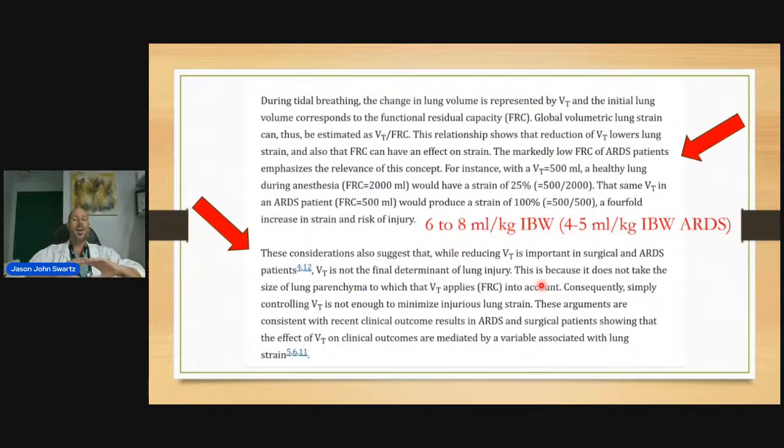We're not poo-pooing tidal volume or anything like that, but we have to take into consideration the tidal volume, how much of the alveoli is taking part in dealing with that tidal volume. So reducing tidal volume is important in an ARDS patient. The tidal volume is not the final determinant of lung volume. So for this presentation, what I'm stressing is stress and strain. Okay, to look into this, to have a sound understanding of stress as well as strain.